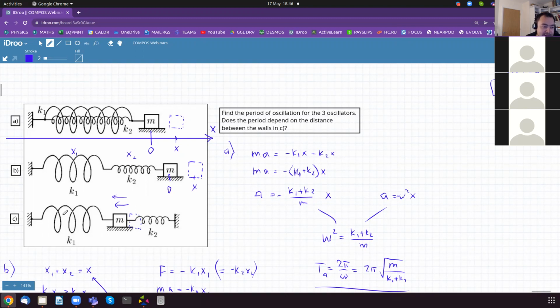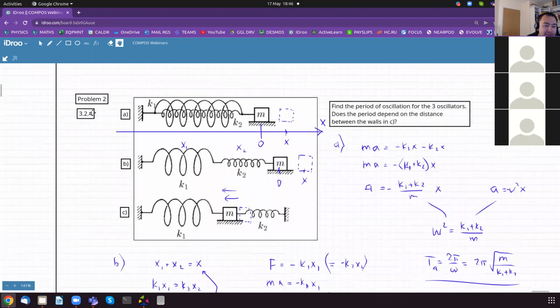I'm just saying that this A is equivalent to C. And I would like you to prove it by yourself. This is the same as this. There's no difference whatsoever whether you have two springs in parallel or two springs like this. I would call this a parallel connection as well. These are two springs in parallel.